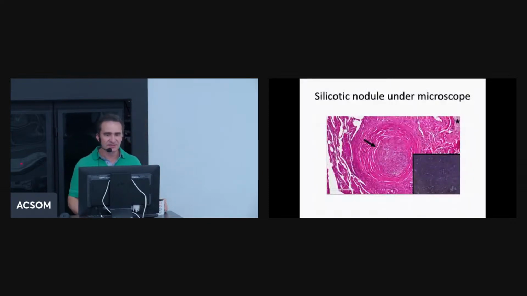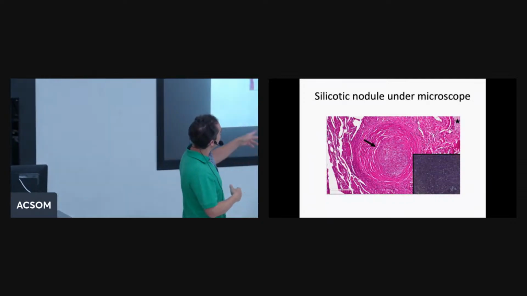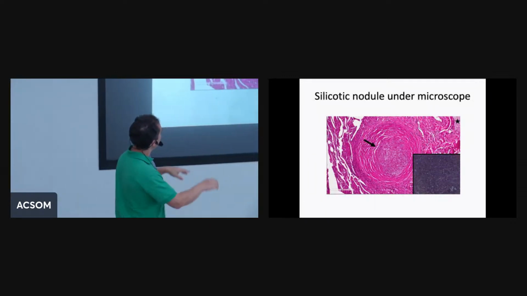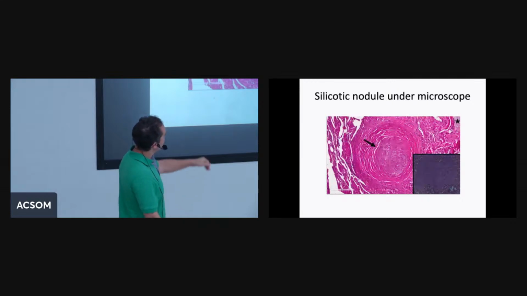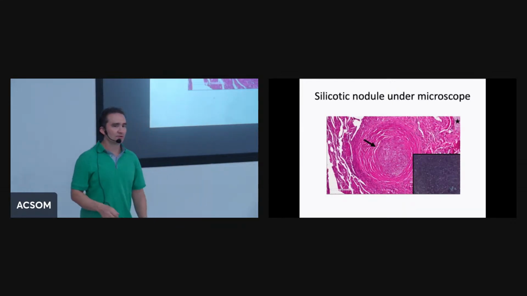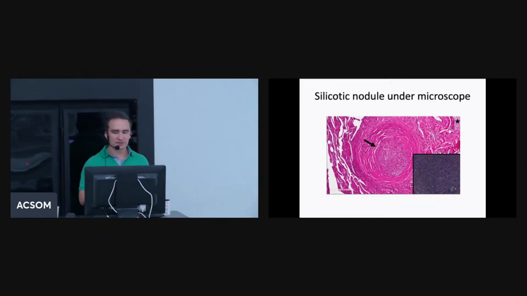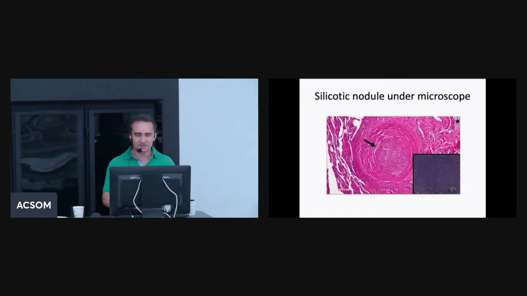So that's how the silicotic nodule will look under the microscope. You see the whorled, more irregular center with the collagen and more regular circles around. And then the right lower corner shows the polarized microscopy. It's birefringent crystals, tiny ones. That's the crystals, okay? You see two different colors there.